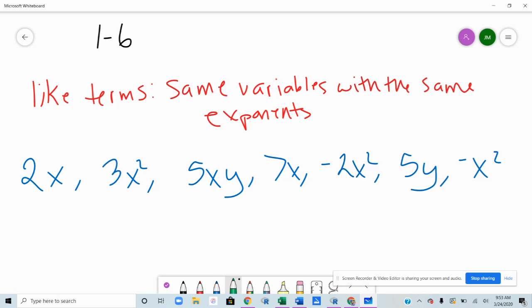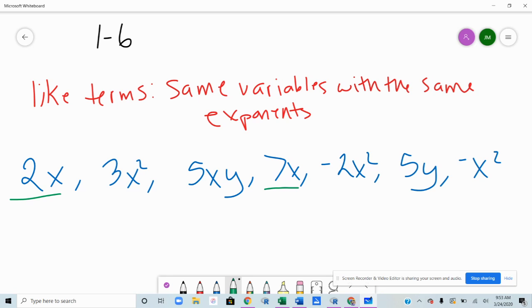And if we look at those for like terms, I've got 2x. 3x squared is not a like term because it doesn't have the same exponents. 5xy is not the same. It has the x, but there's also a y there. It has to have the same variables. All the variables have to be the same. So that is not a like term with 2x.